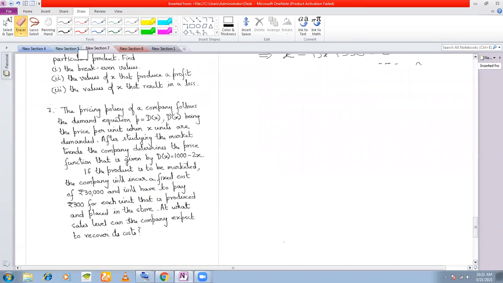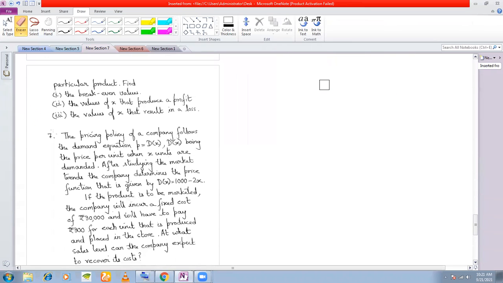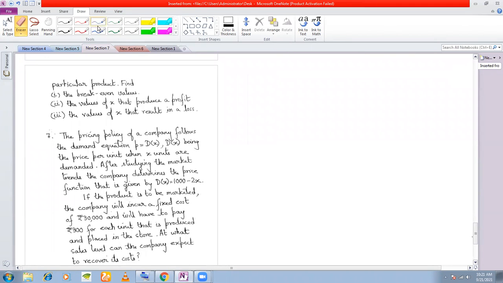We move on to the last sum of this part, number 7. The pricing policy of a company follows the demand function. So given P is equal to D(x). This is the demand function, something in terms of x. D(x) being the price per unit.